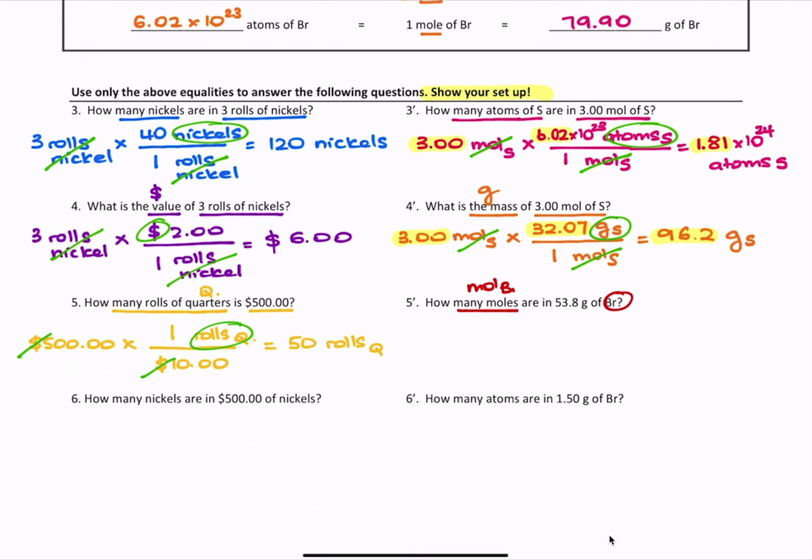Bromine, in 53.8 grams of bromine. So we're going to start with the 53.8 grams of Br. We want to cancel the grams of Br and convert into moles of Br. Notice that again, my grams of Br cancel and I'm left with my mole.